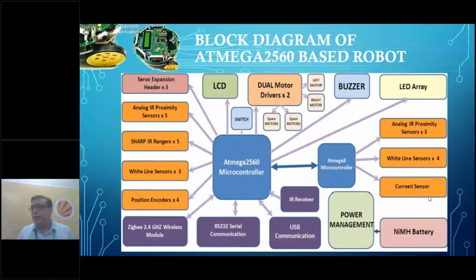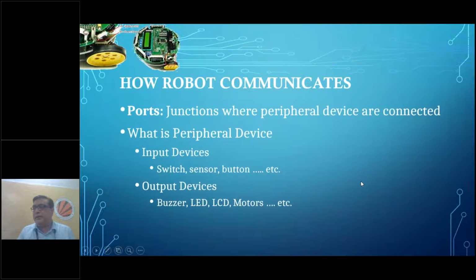Now, move to the next slides. The important thing, which is really important for the programming, is how the robot communicates, how we can feed the program into it. Okay. So ports, here we are using different ports.